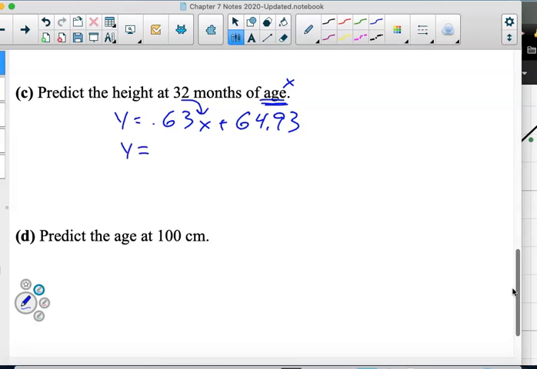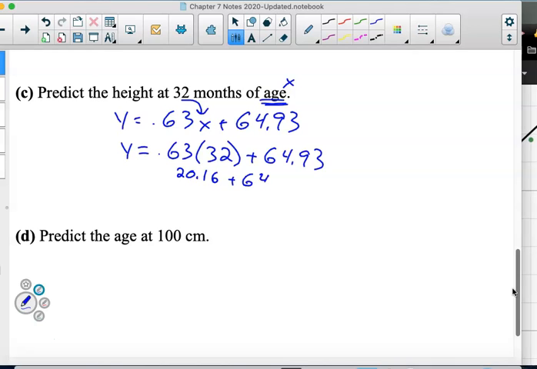And so this is our note, so make sure you do a little bit more detail. Don't just copy down my final answer. Let's put in what we are literally doing with these numbers. I'm going to rewrite that equation, and where I saw the x number, I'm going to plug in 32. Okay? So now if I grab my calculator, 0.63 times 32 gives me 20.16.